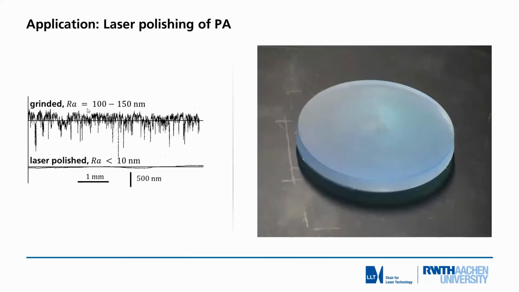Now, if we polish it, in this case with CO2 laser radiation, with a line intensity distribution, and optimize the process parameters, we can get down the surface roughness to values below 10 nanometers. In perfection, we can get it down to about 1 nanometer. In glass, even lower.